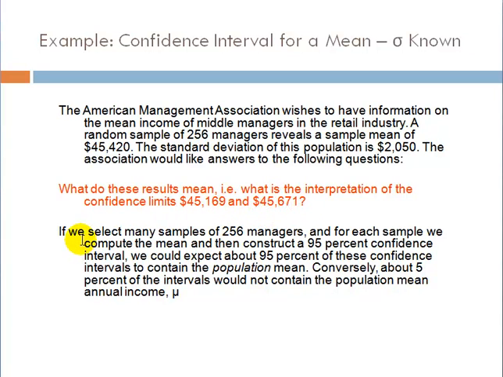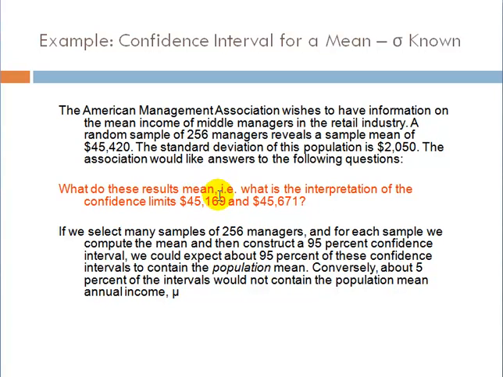If we select many samples of 256 managers, and for each sample we compute the mean and construct a 95% confidence interval, we could expect about 95% of these confidence intervals to contain the population mean. Conversely, about 5% of the intervals would not contain the population mean, annual income. That's the explanation of the result.